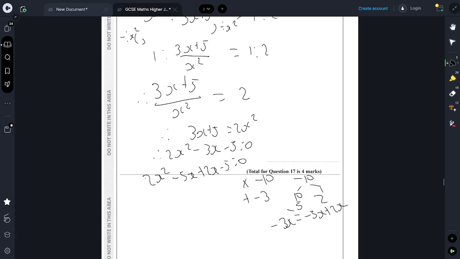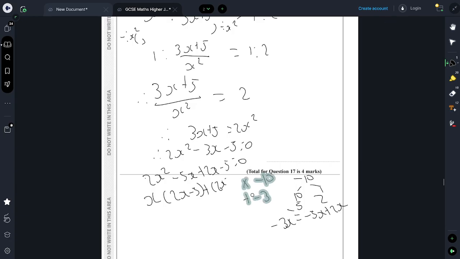Now, with this method, both parts should factorise, but actually they don't. Actually, no, they do. So you can factorise an x here: x(2x minus 5), plus 2x minus 5.